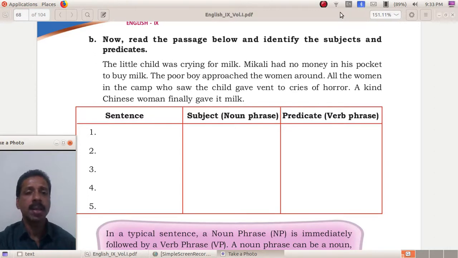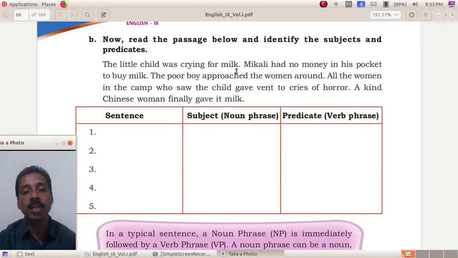That is, any sentence can be divided into a noun phrase and a verb phrase. For example, if you consider the first sentence given here, the little child was crying for milk. How can you find out the subject or the noun phrase and predicate or the verb phrase?